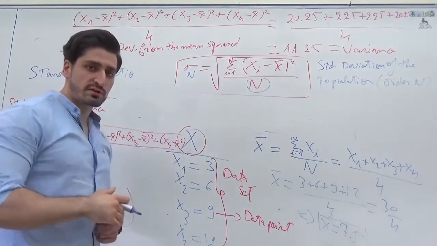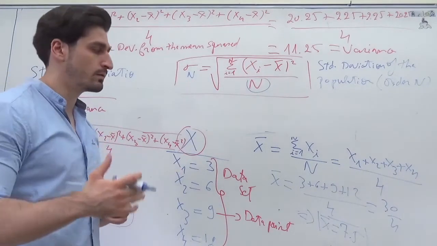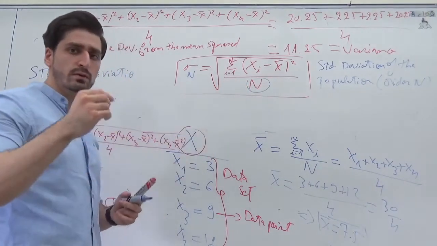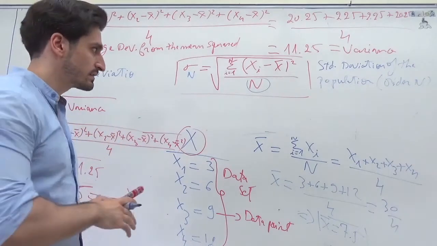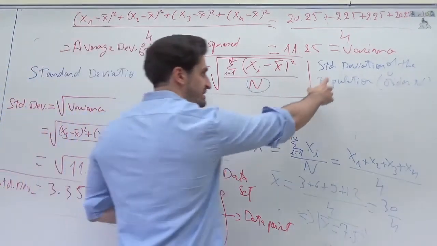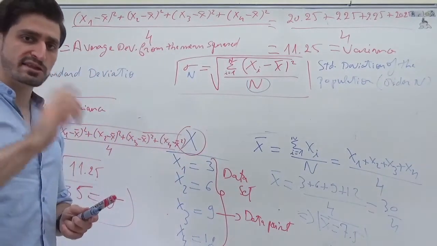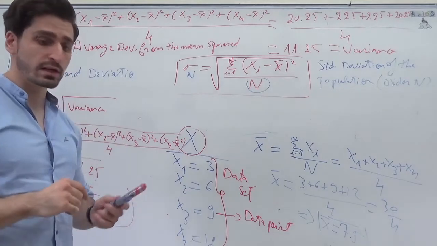Now in some textbooks, you might see a different equation for the standard deviation. Different how? Instead of having n in the denominator, you are going to have n minus 1. So the difference in that case is going to be that we are no longer finding the standard deviation of the population, but rather in that case we are finding the standard deviation of a sample which is taken out of that population.